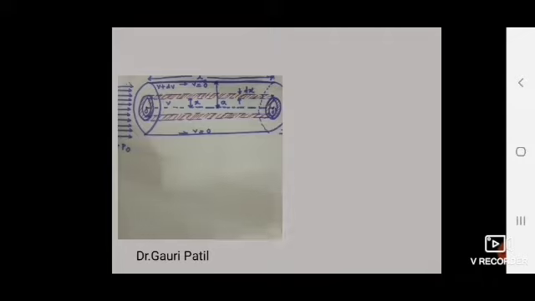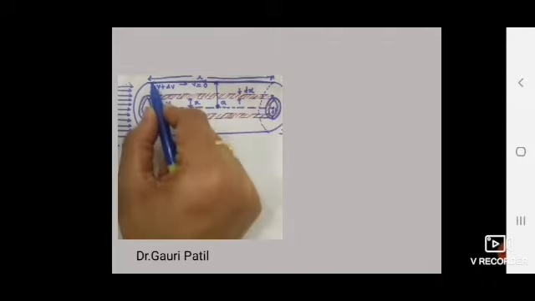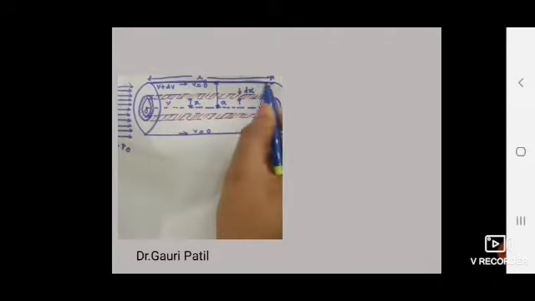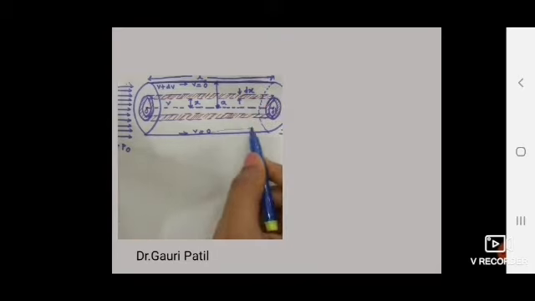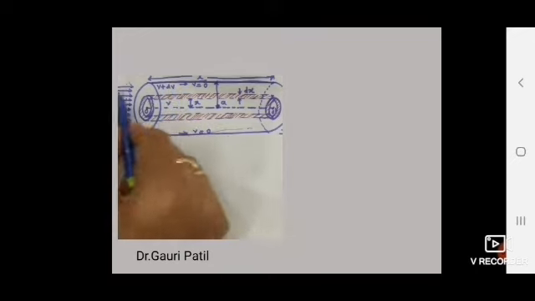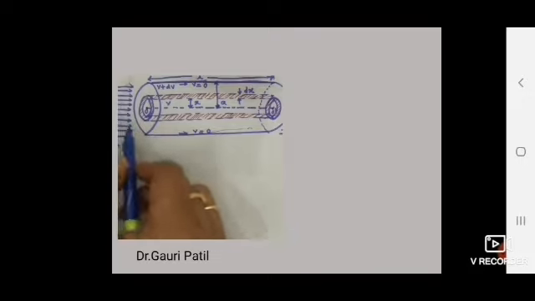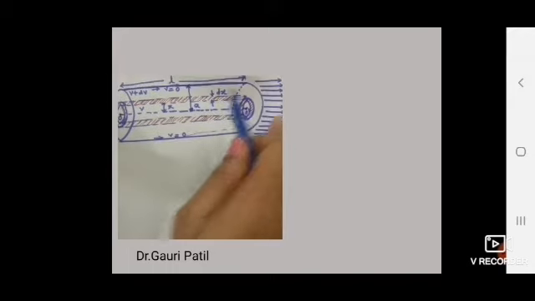Consider a liquid flowing slowly and steadily through this horizontal capillary tube. This is the inlet of the capillary tube, and this is the outlet.